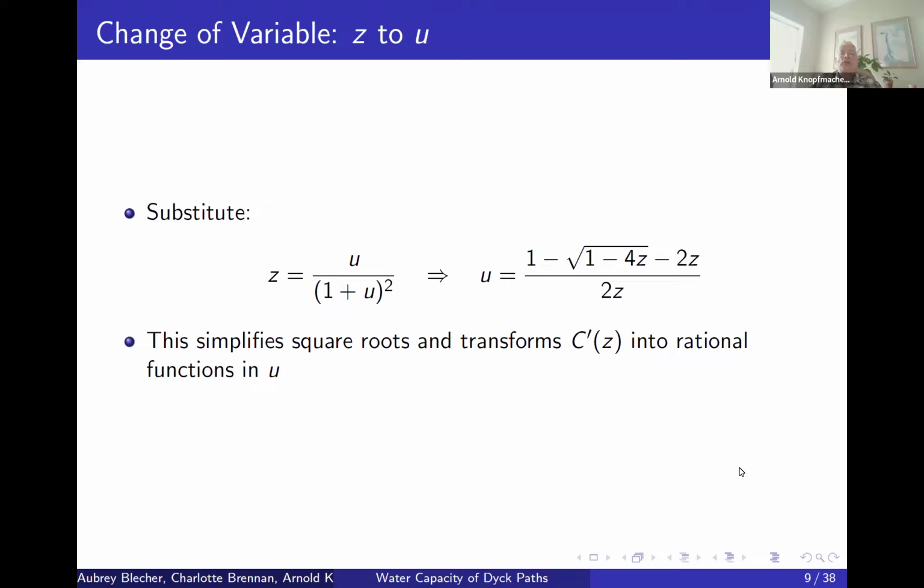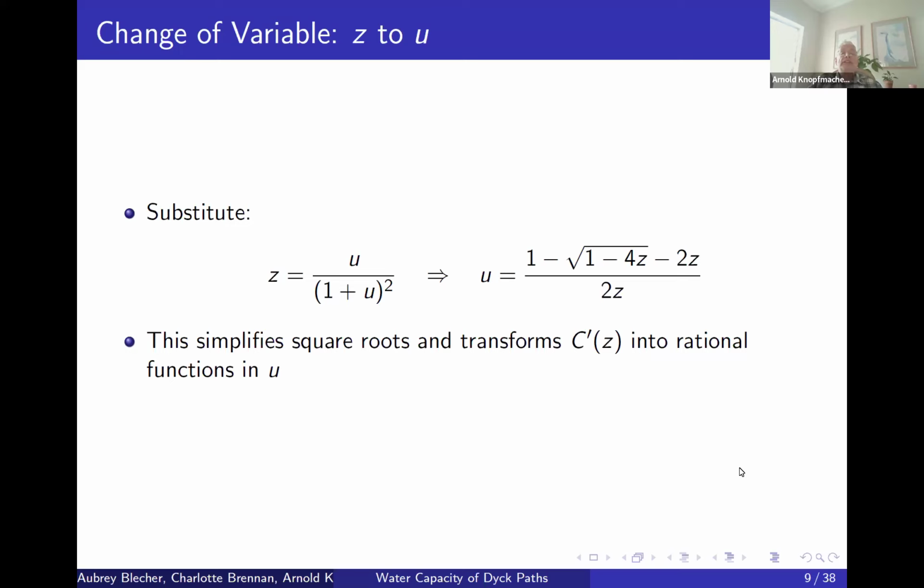So this is where we use Helmut Prodinger's very clever idea, which is to say, replace the z variable in the complicated generating function by the u variable, where the connection between the z and the u variable is that z is equal to u divided by (1 plus u) all squared.